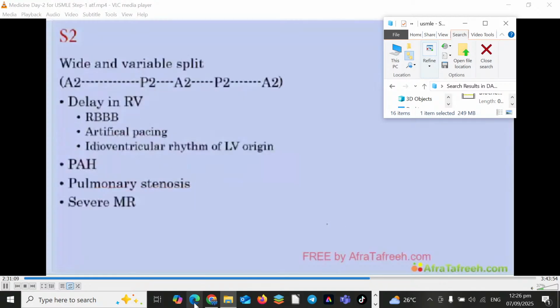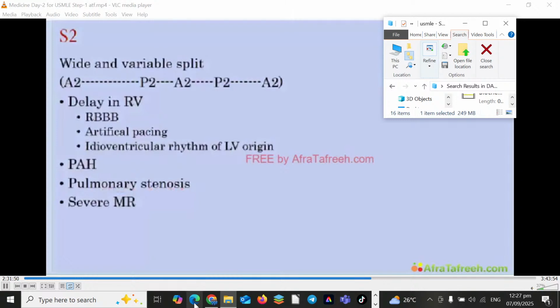Now, a lot of questions are asked on the splitting. What you need to understand about splitting is that when I take a deep inspiration, excess blood enters the right atrium. This blood will then enter the right ventricle and this will delay the second heart sound. This will widen the A2P2 gap. Any condition where the second heart sound, that is the closure of the pulmonary valve, is already delayed, will result in a persistent A2P2 gap.